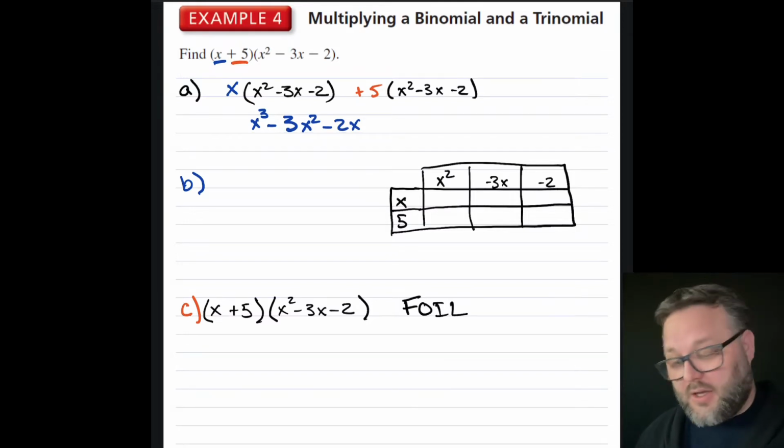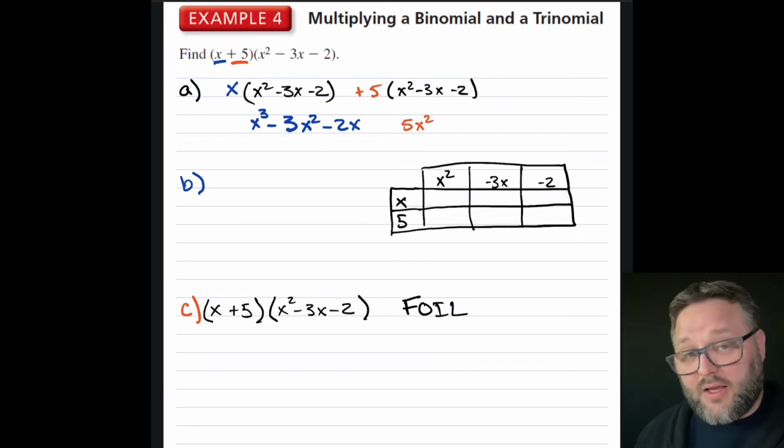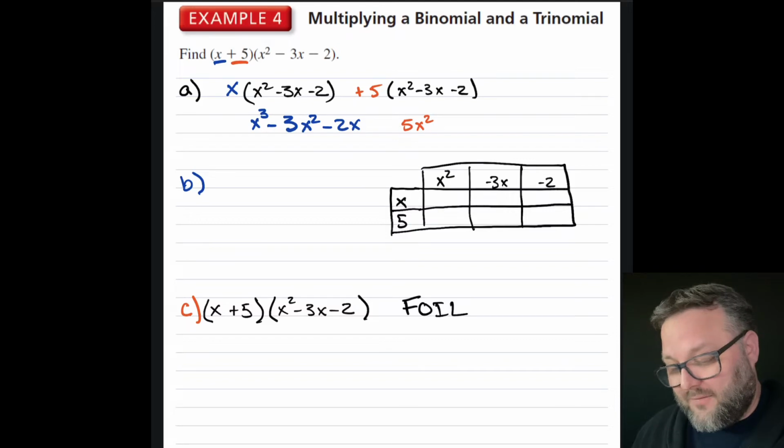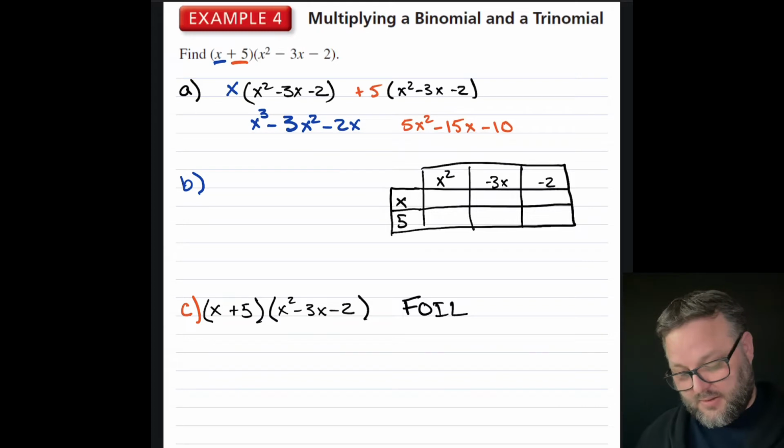Over on the other side, with the trinomial being distributed by the 5, I get a 5 times x squared, which is 5x squared. I get a 5 times a negative 3, which is negative 15x, keeping that x. And then I have a positive 5 times a negative 2, which gets me negative 10.